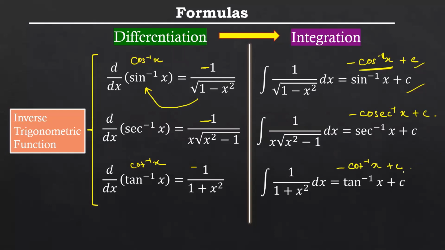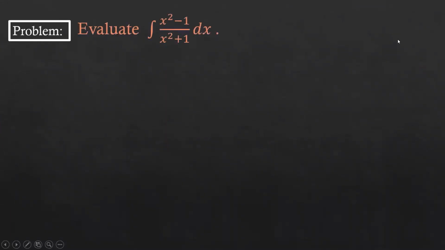So these are the forms for the inverse trigonometric functions, and you can use that for your maths. So let's take one problem and try to solve it, and tell me how we can solve it by using the inverse trigonometric function.